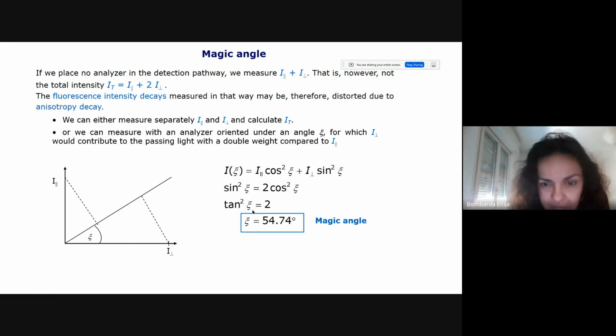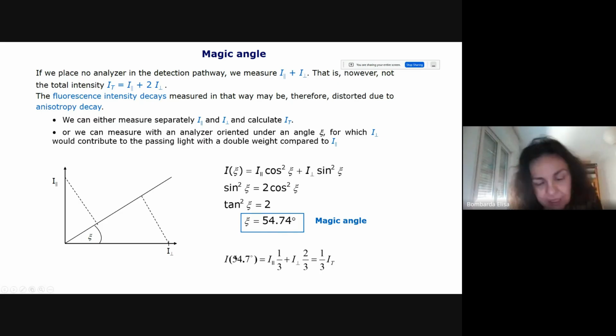So that means that when we put the magic angle, the intensity detected through a polarizer oriented with such angle will be like this. We just calculate the cosine squared of this angle, and you see, we have the E perpendicular weighted twice in comparison to the E parallel.